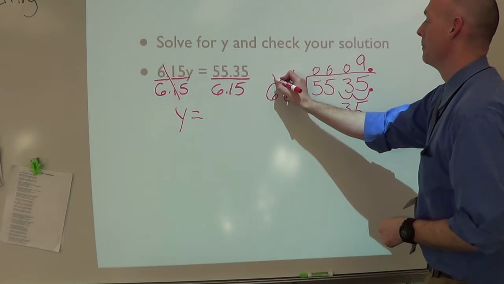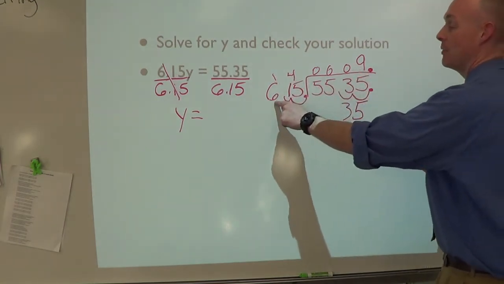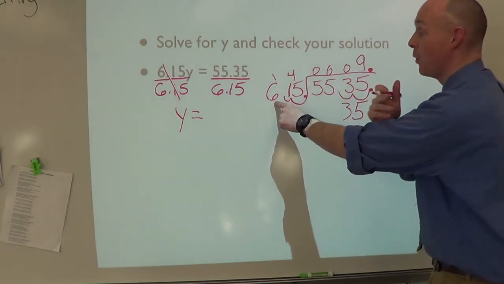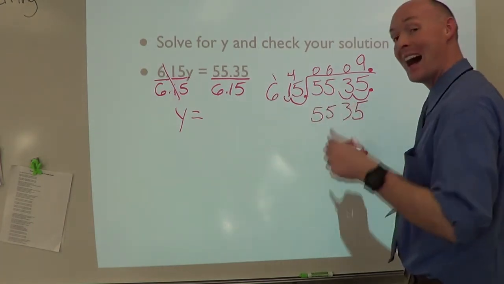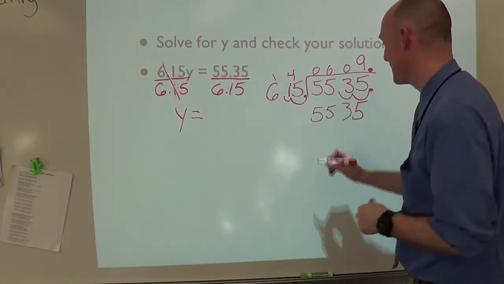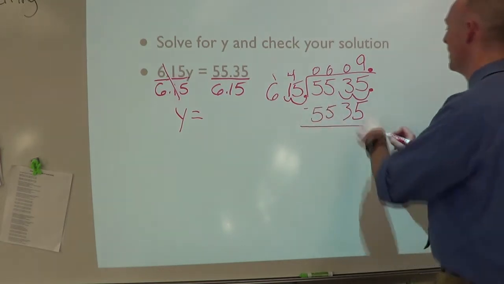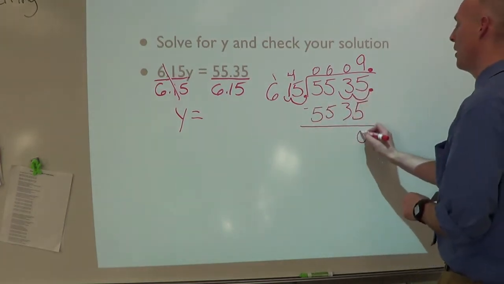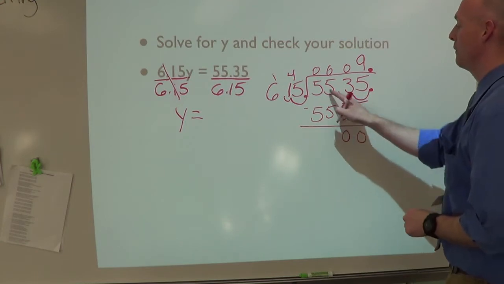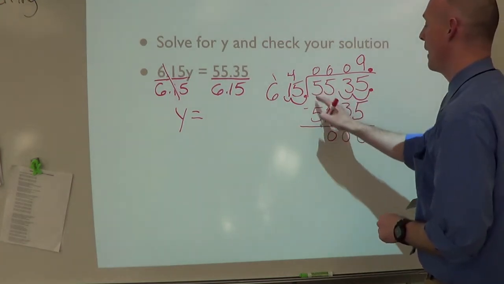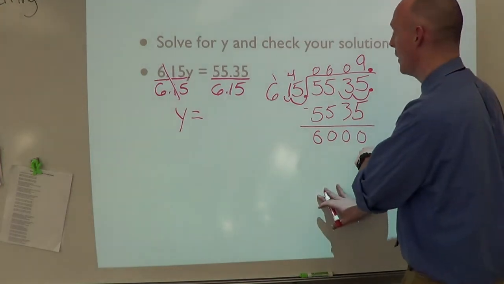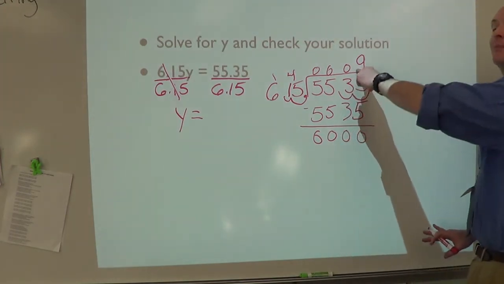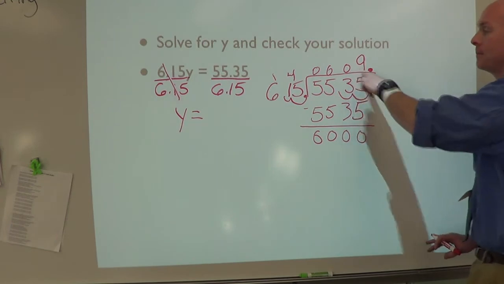Carry the 1. 9 times 6 is 54. Plus 1 is 55. That was a good guess. Subtract. 5 minus 5, 0. 3 minus 3, 0. 5 minus 5, 0. 5 minus 5, 0. 0 across the board. We have nothing left. The answer we believe is 9.